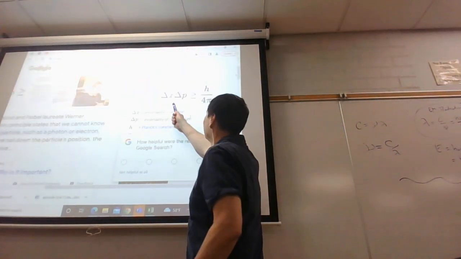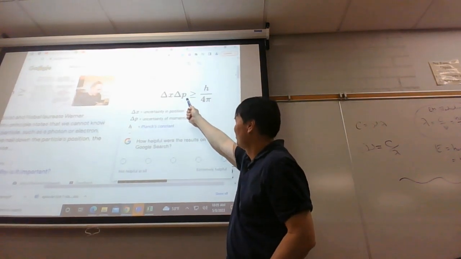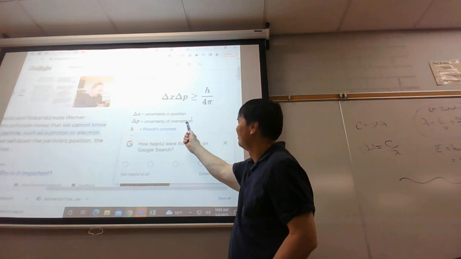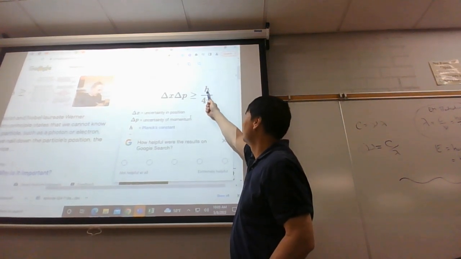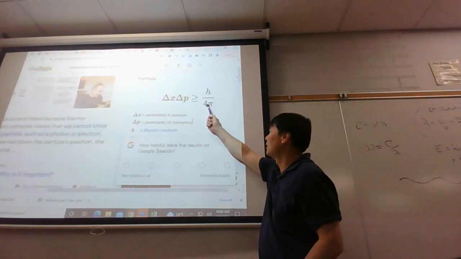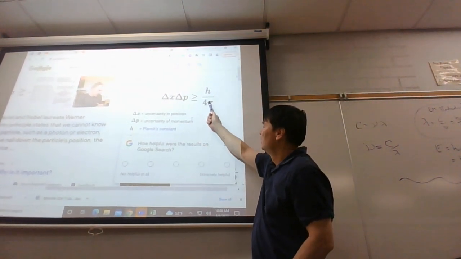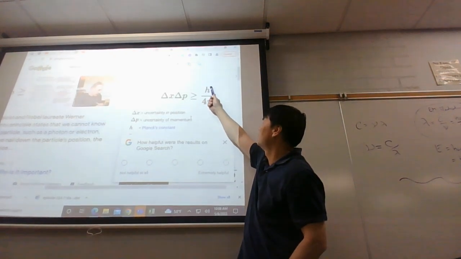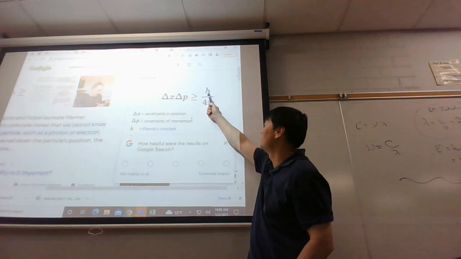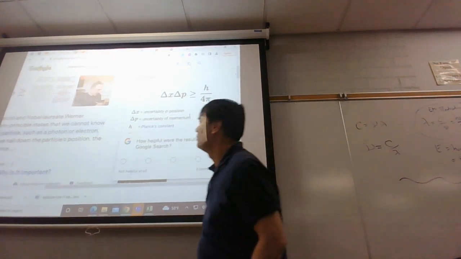This is the uncertainty in the position and the uncertainty in P, P's momentum, is greater than or equal to, this is the fundamental limit, h over 4 pi. There's another symbol for h, and that's h bar. There's a little strike through line that runs through h, and that takes into account the pi part of this.